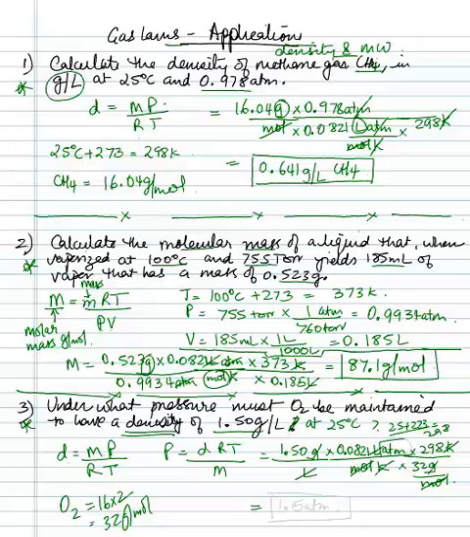And we are left with atmosphere. So our answer is 1.15 atmosphere, which means that the pressure of oxygen must be maintained at 1.15 atmosphere at 25 degrees centigrade for it to have a density of 1.50 grams per liter. So just a little bit of manipulation of the gas laws.